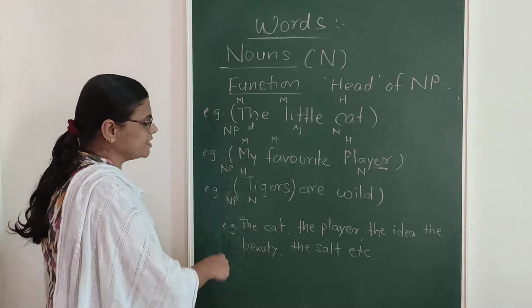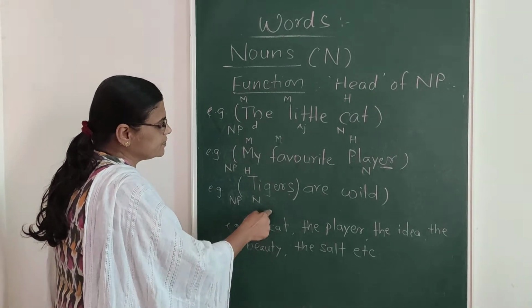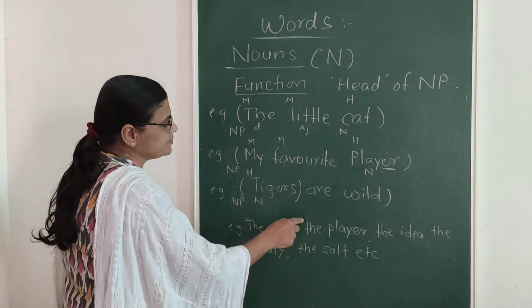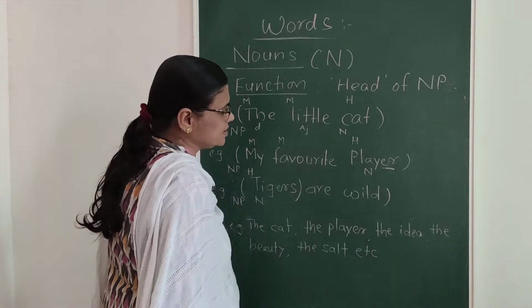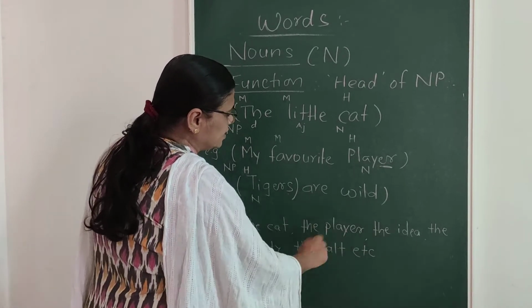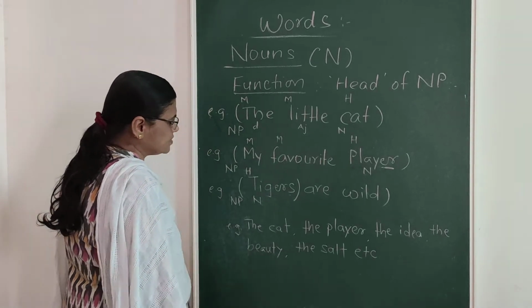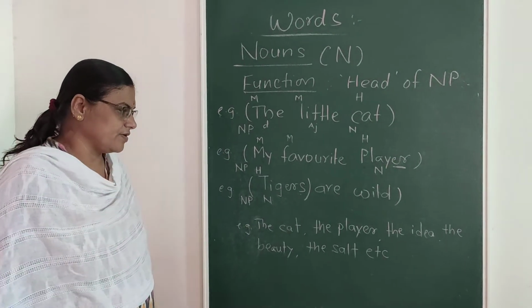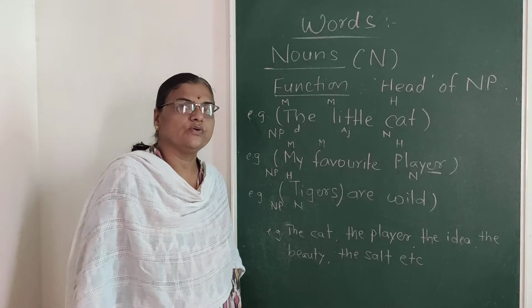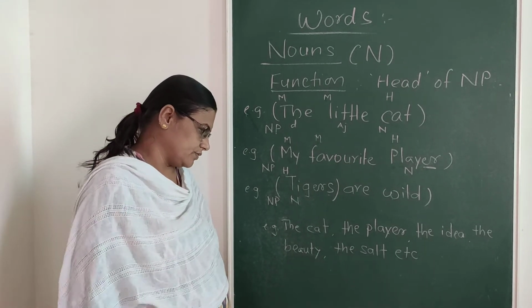So we are mentioning the specific cat, the specific player, the specific idea. Therefore, the is there with it. So this is one of the simple tests to identify a noun.